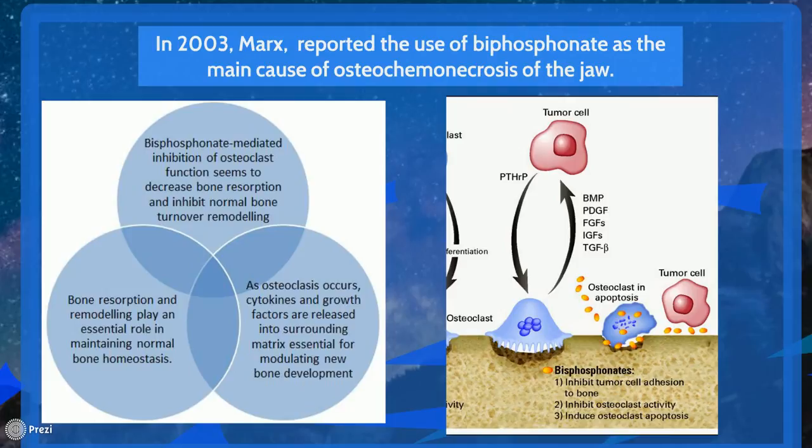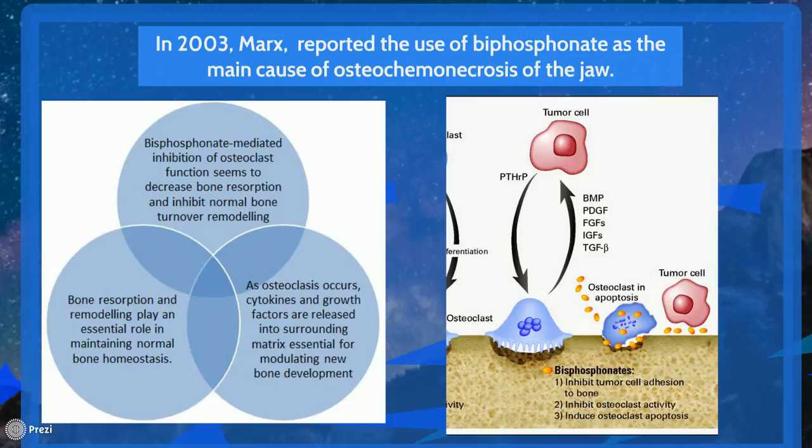This picture shows us the way that bisphosphonates act on the surface of the bone. The little yellow circles represent the bisphosphonates. The way they act is, first, by inhibiting tumor cell adhesion to the bone, as we can see.